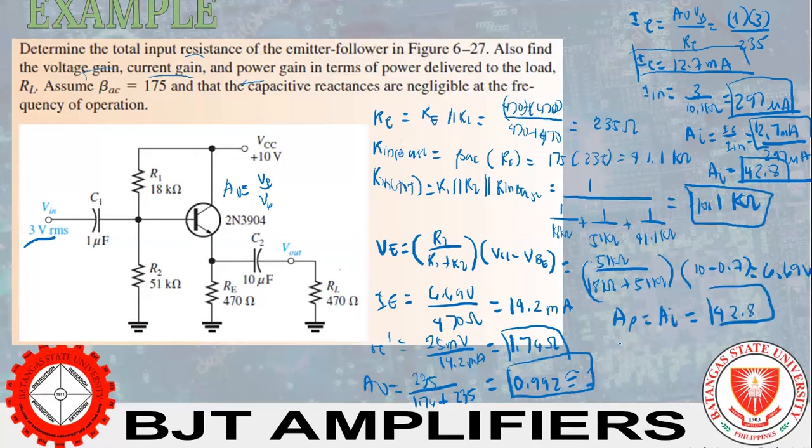Okay, so total power gain would be 42.8 since 1/2 'yung RL, 'yung 470 1/2. So, divide natin sa 2 or times 1/2. So, this would be 21.4. Ito 'yung total power gain. Okay, so 'yan po 'yung ating common collector amplifier.